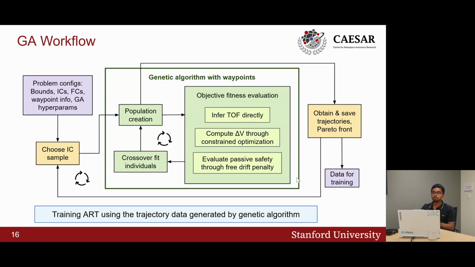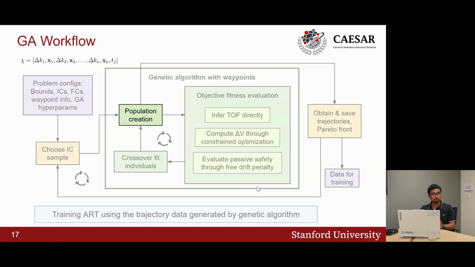These are the three objectives that the GA is considering. Once you evaluate the fitness levels of all the chromosomes, you choose the best individuals, you do the crossover, mutation, etc., and then you end up with a new population. This repeats throughout, and you finally end up with some really good trajectories.